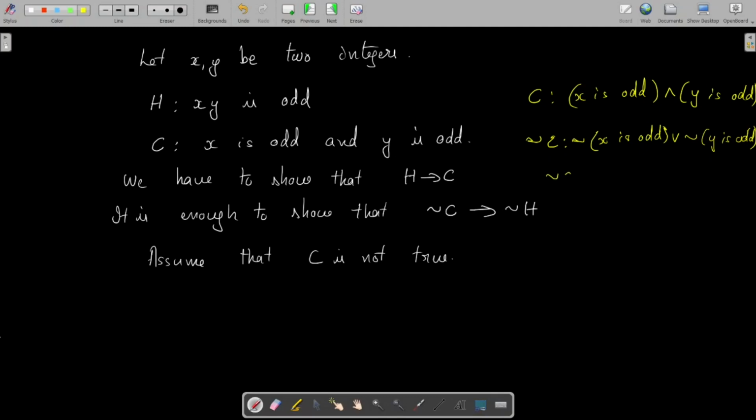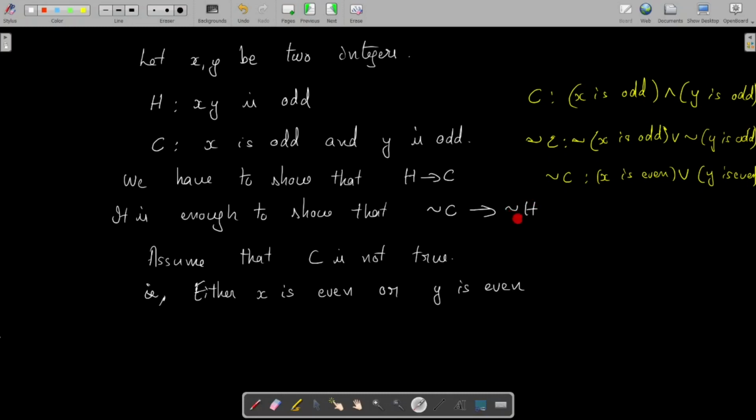So negation of C is actually negation of x is odd, means that x is even, or negation of y is odd, is y is even. So we assume that either x is even or y is even.